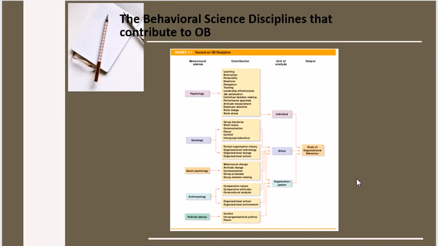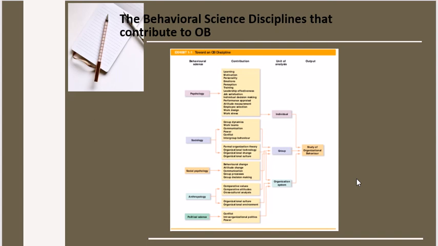So, if you will notice, all the different sciences in the behavioral approach or organizational behavior apply the different behavioral sciences that build upon the contributions of several behavioral disciplines. Usually, what you will notice here is that psychology is individual.